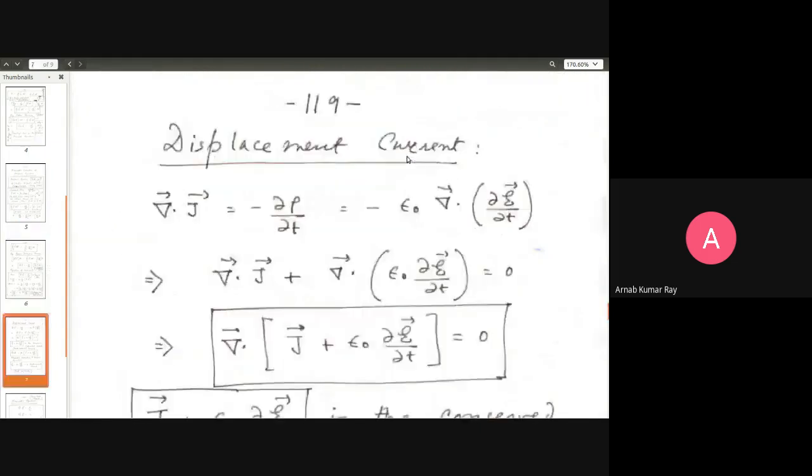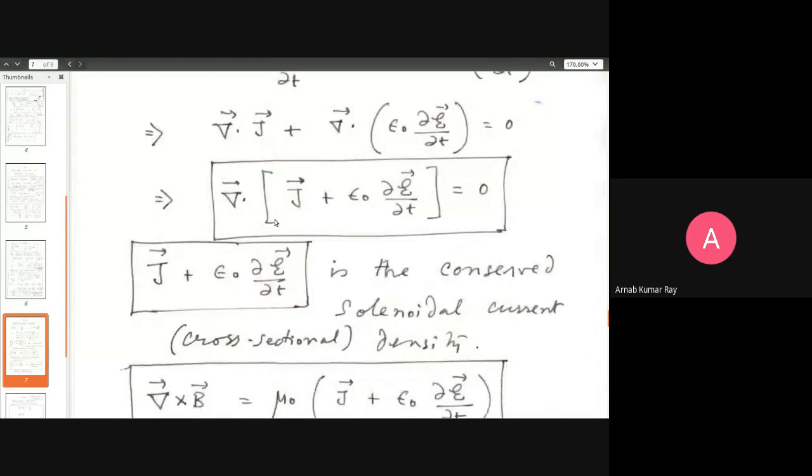Therefore, the conclusion is that it is divergence of J plus this extra bit that is equal to 0. And that extra bit is an explicit function of time. If the electric field were steady, that is to say, did not have any time variation, then del del T of the electric field would have been 0, and you would have had the old result.